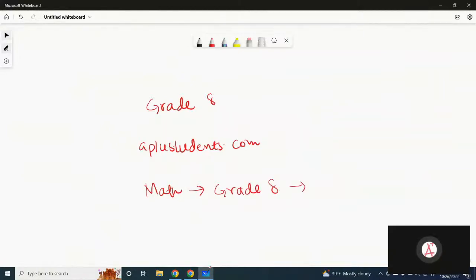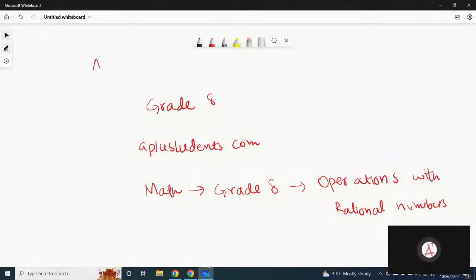We are already working on chapters. We are already working on chapter 6, that is operations with rational numbers. So the topic we're going to start with is apply addition, subtraction, multiplication and division rules.